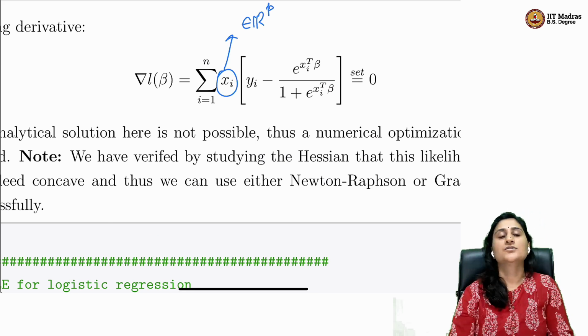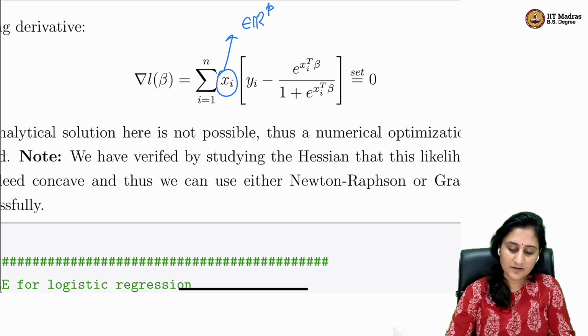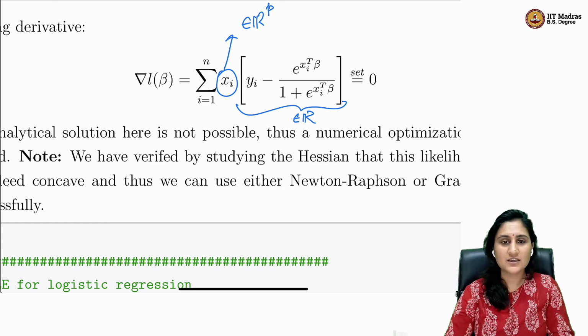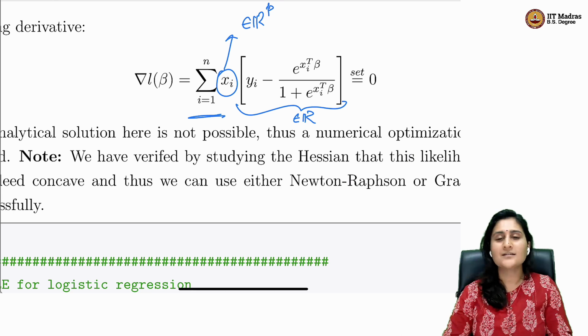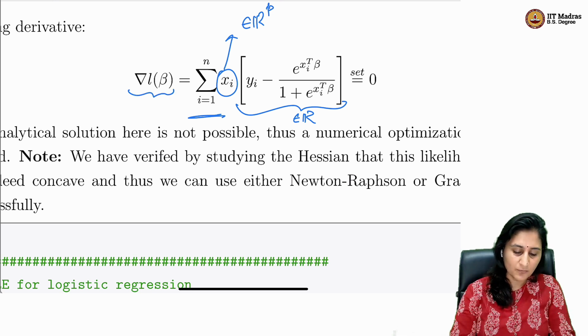So this is a column vector, and there is a univariate quantity associated with each of those ith observation column vectors, and then I add all of these. So it's basically like a weighted sum. There's no 1 by n here. And this is also why this gradient is naturally in Rp.